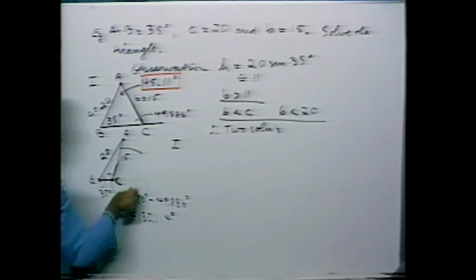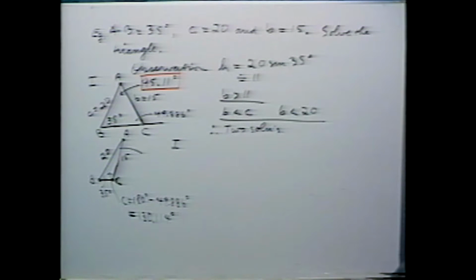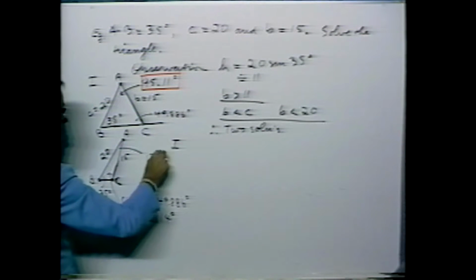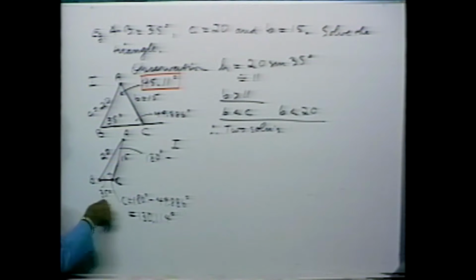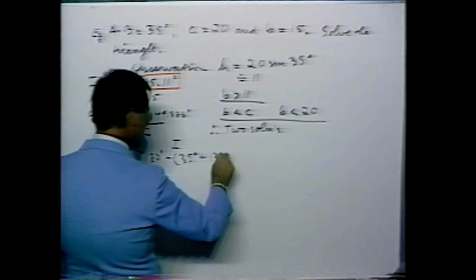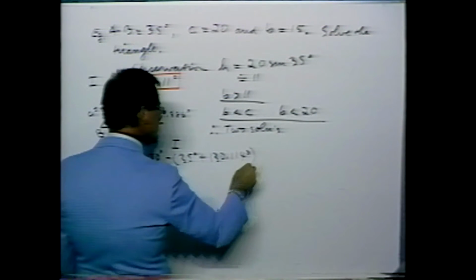We can now find what angle A is by the interior sum of the angles of a triangle property. It is 180 degrees minus the sum of the other two, which is 35 degrees plus 130.114 degrees.